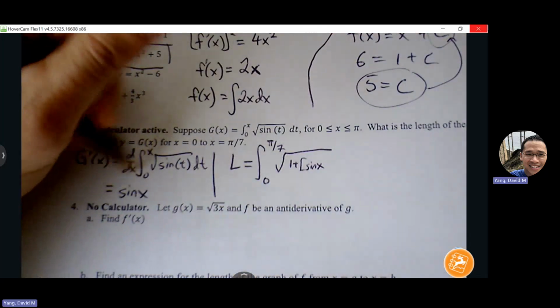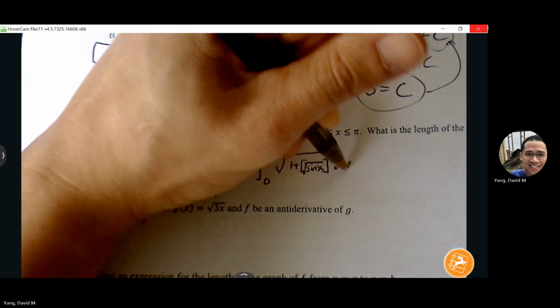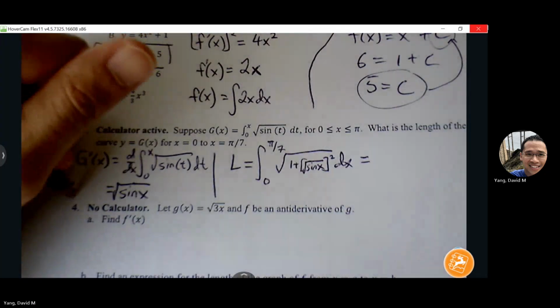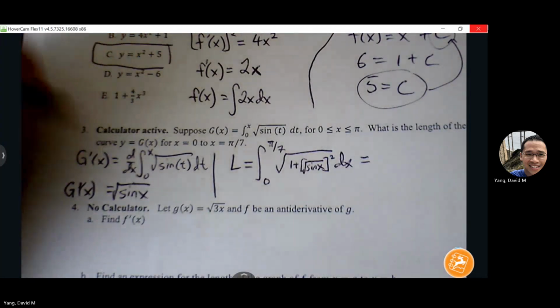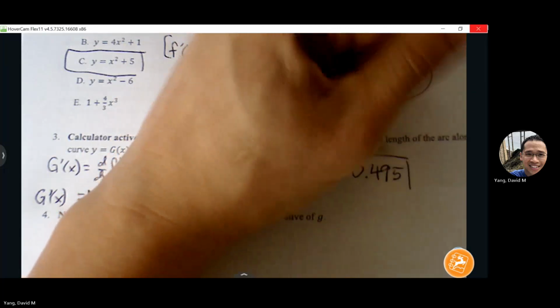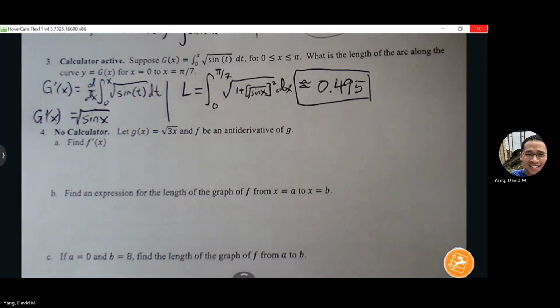Oops, sorry, can't drop the square root here. Okay, number 4, no calculator, so I want to do everything by hand here.